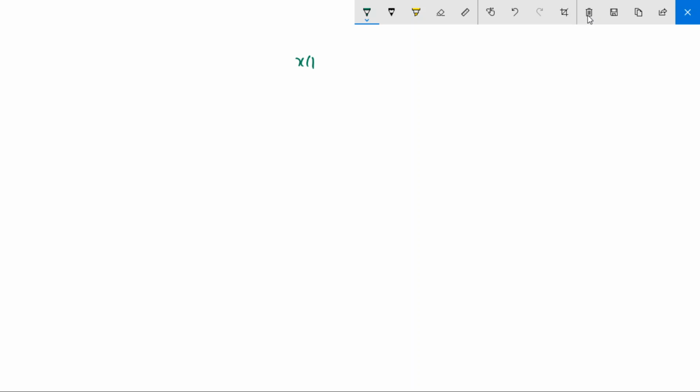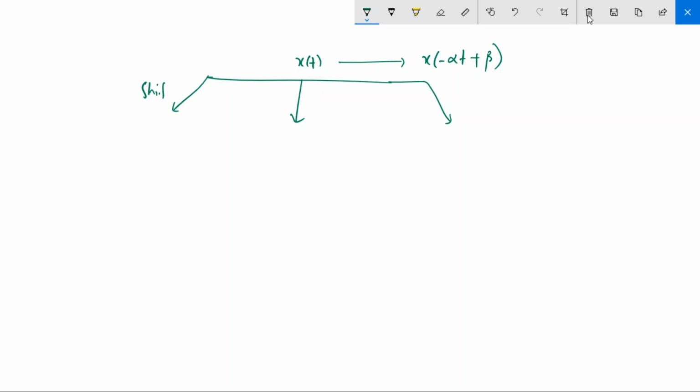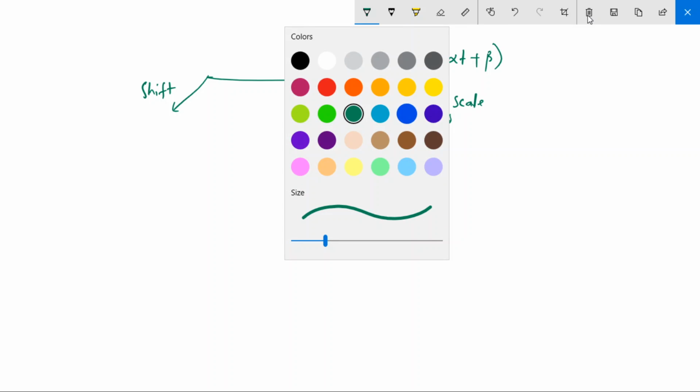You have started from xt, you want to approach x of minus alpha t plus beta. So in this branch, suppose I have started with shift, then fold and scale. This is the first operation that you applied on the signal. It may be shift, it may be folding, it may be scaling.